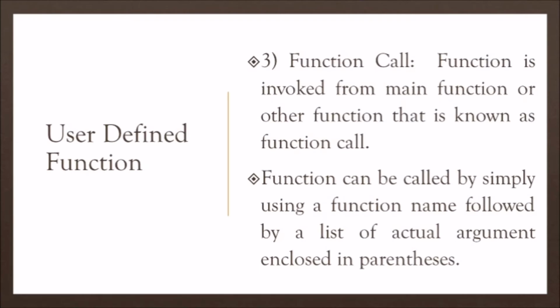So we declare the function, we write the definition of the function, but whenever we want to use the function, we have to call it, and this call is made from the main function or another function. That is known as a function call. And how can we do that? That can be done by simply using a function name followed by a list of actual arguments enclosed in parentheses.